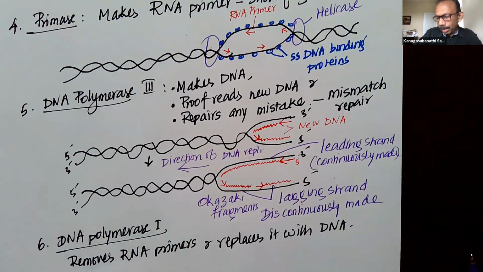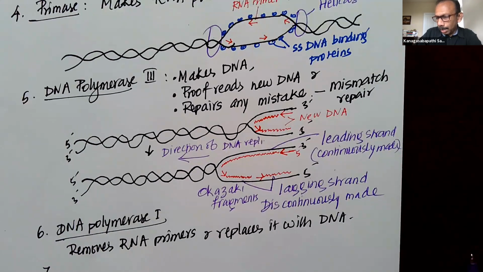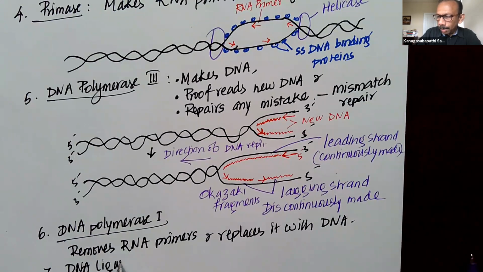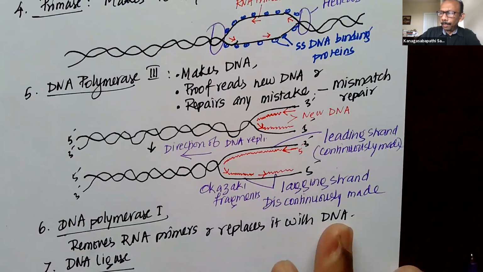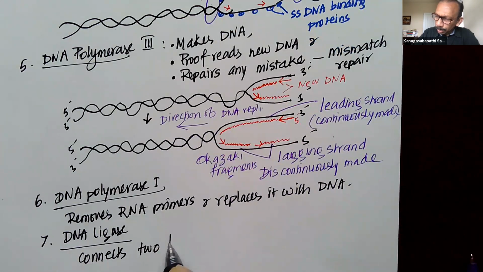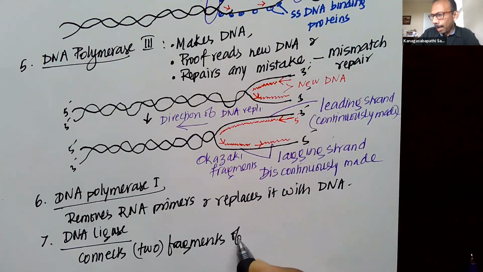And the last but one enzyme is called DNA ligase that comes in, and that connects two fragments of DNA. It can be many fragments of DNA.